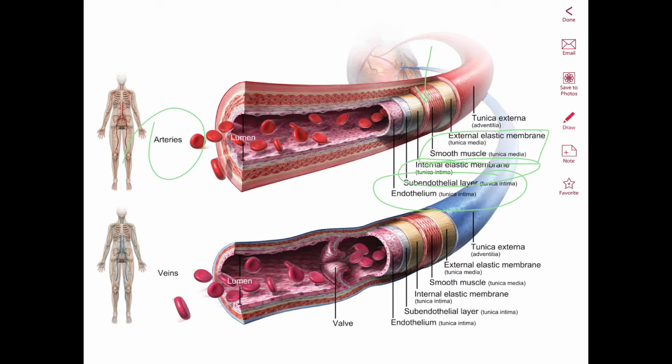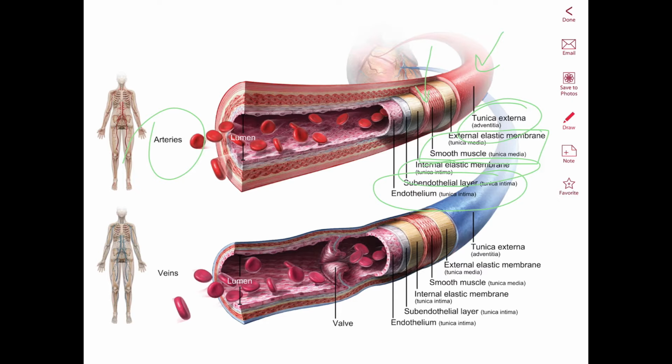The smooth muscle will respond to impulses from the sympathetic division, causing these reactions. And the outermost layer is the tunica externa or tunica adventitia, which is this one right here, and it's composed of loose connective tissue.